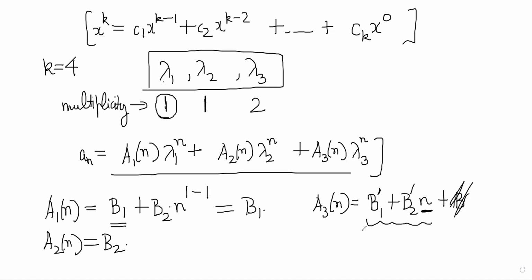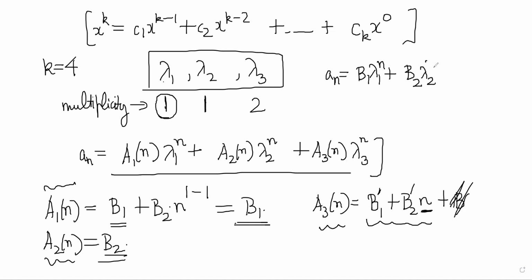So what we have are the functions a1n, a2n, and a3n. So I will say my an can be written as B1 lambda 1 power n plus B2 lambda 2 power n plus B1 dash plus B2 dash n lambda 3 power n.